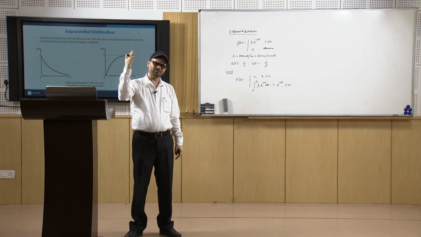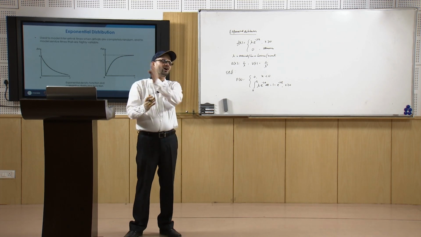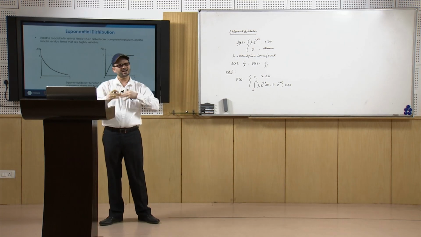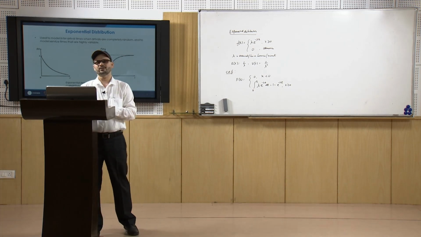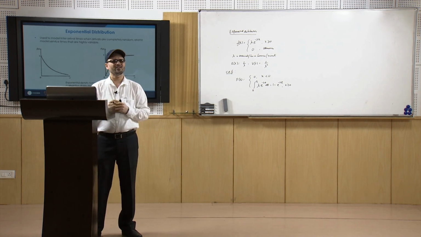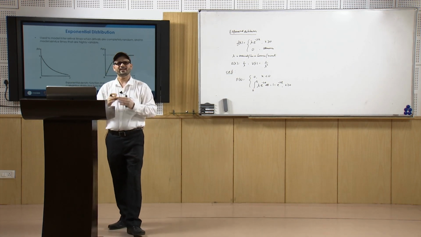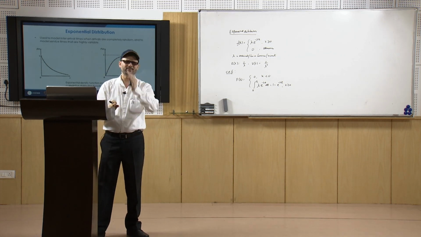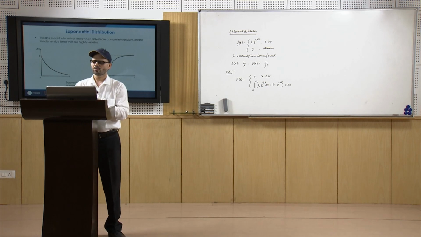At that point of time it forgets how much it has been used. So, this is known as the memoryless property. This is the trait of the exponential distribution, just like in banks, where it does not depend upon how much time has passed. Anything can be the arrival rate.